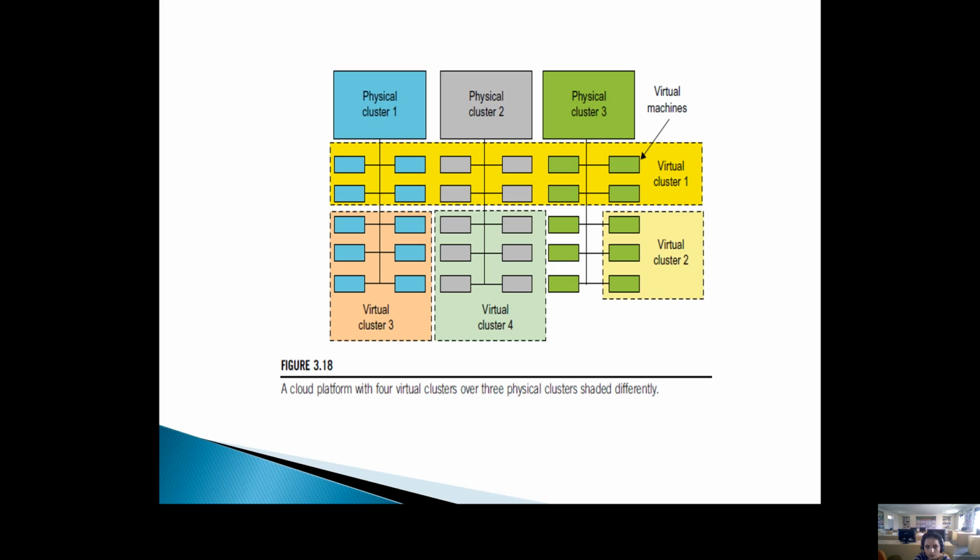The physical cluster is a group of physical servers connected by the physical network called a LAN. In the virtual cluster we have virtual machines, interconnected logically by the virtual network across several physical networks.